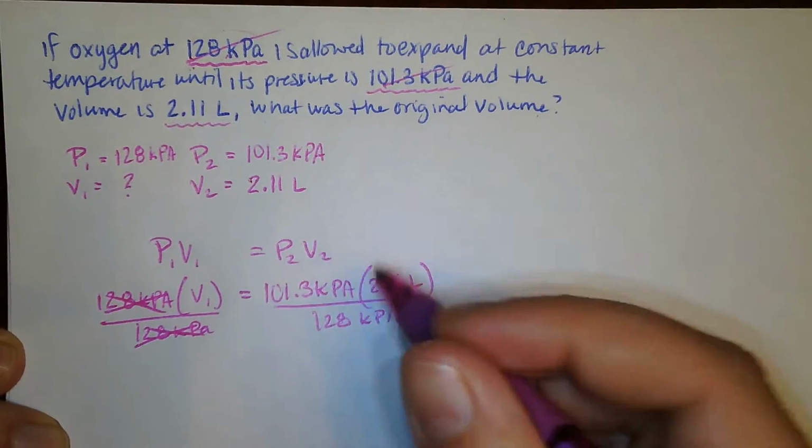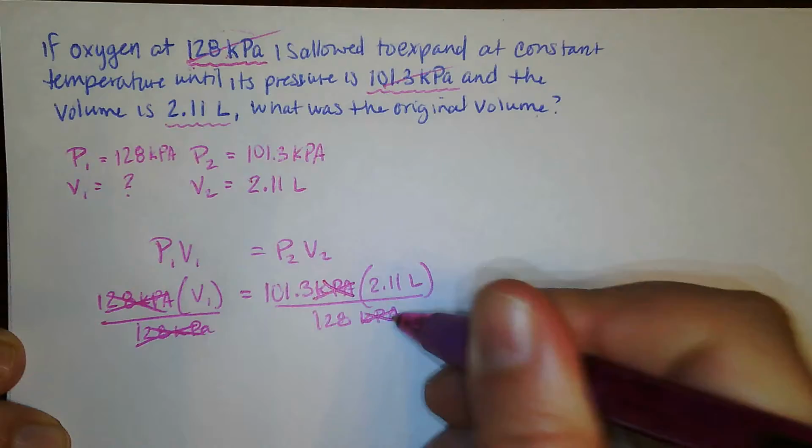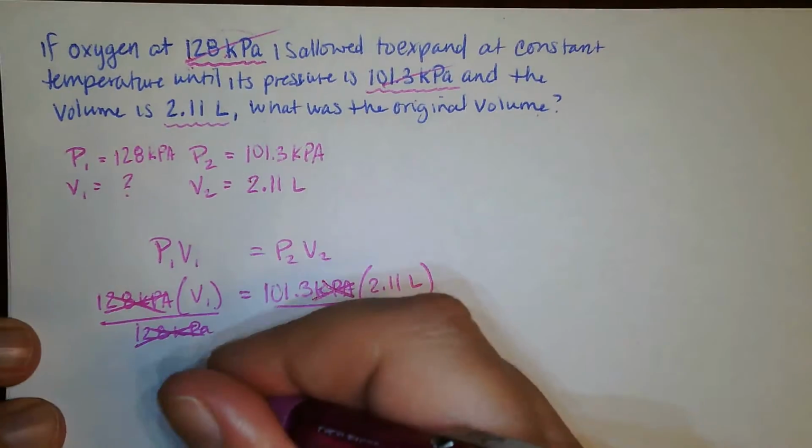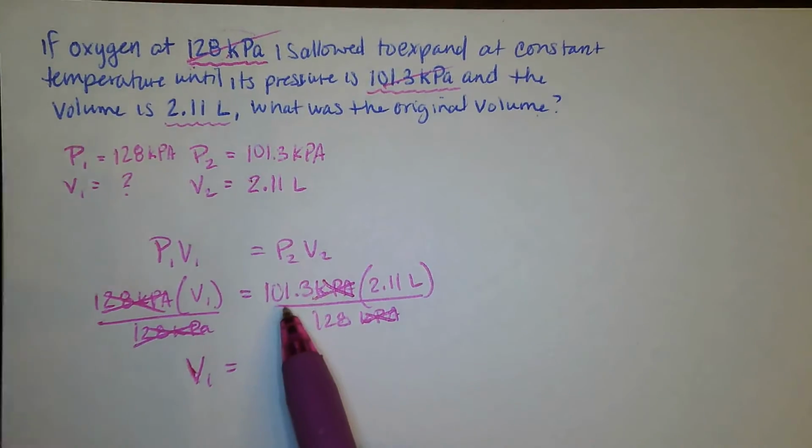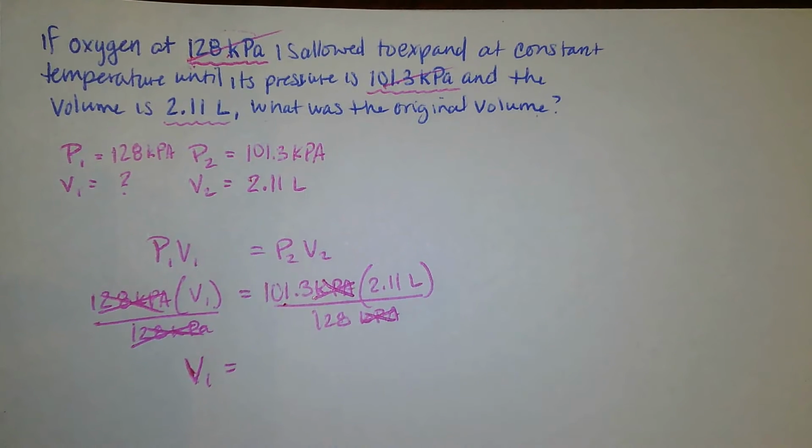These will cancel. Here the kilopascals will cancel, but the numbers don't. And we see that our volume 1 will be equal to 101.3 times 2.11 divided by 128. And let me type that in real quick. 101.3 times 2.11 divided by 128.